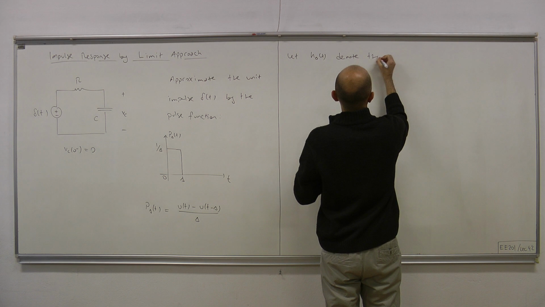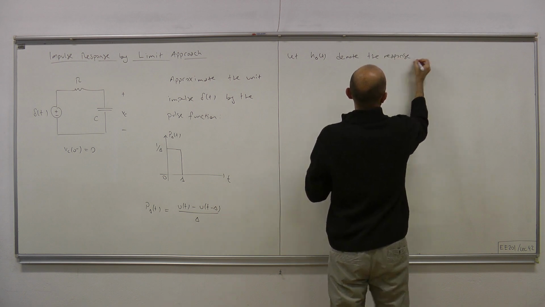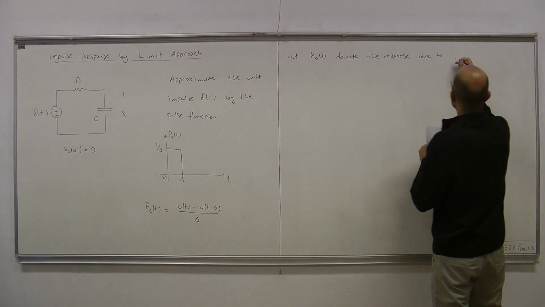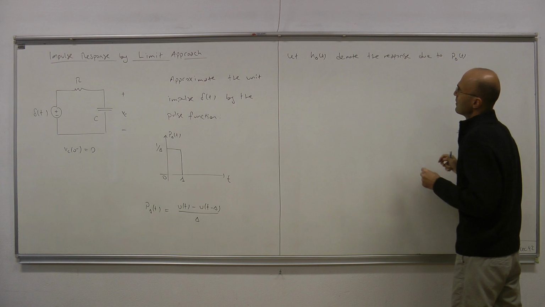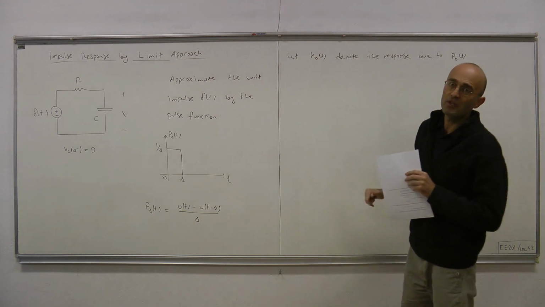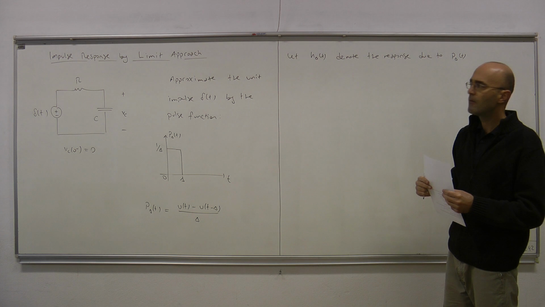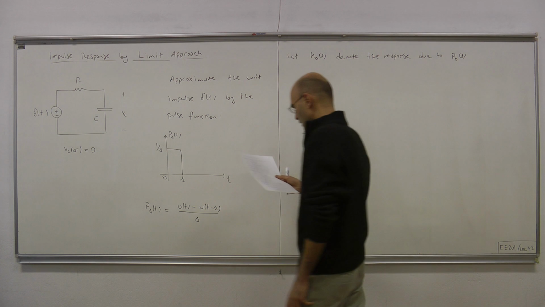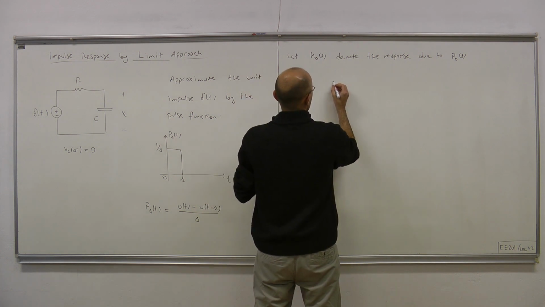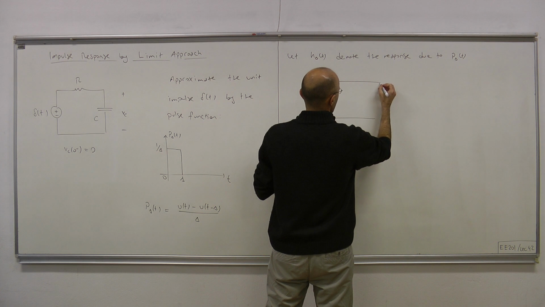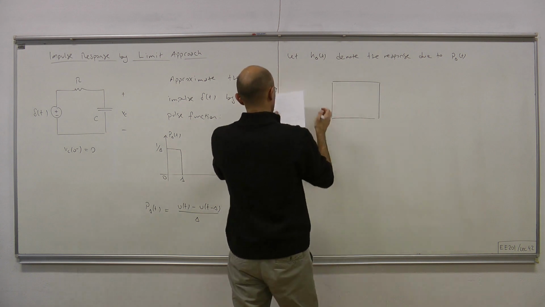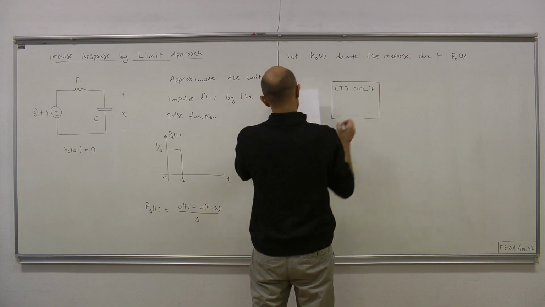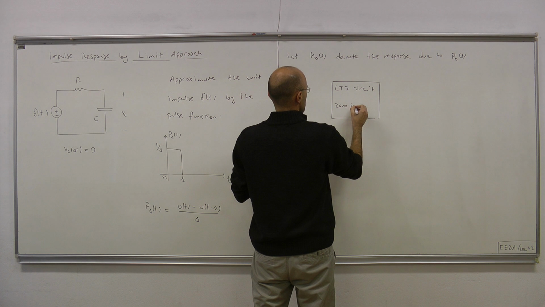the response due to the pulse function p_Δ(t). Remember that without this Δ, h(t) was the notation that we used to indicate the impulse response. Then we have the following. Suppose that this is an LTI circuit and all the initial conditions are 0.